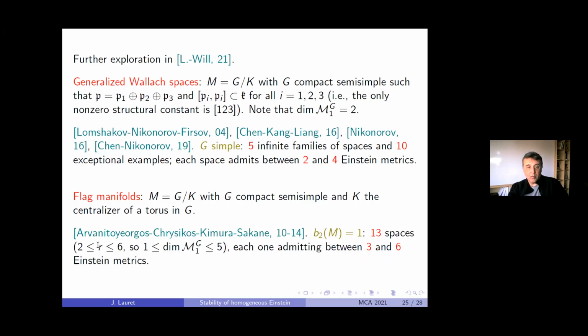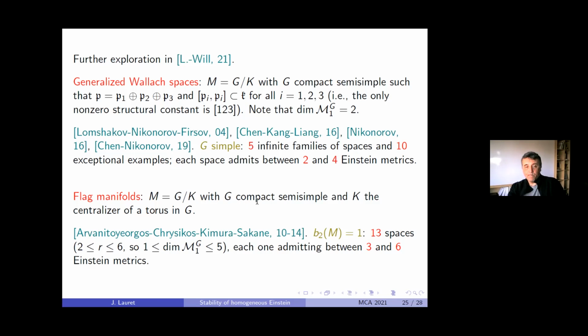And this R, which is the number of P1 plus P2 plus PR, the number of irreducible summands in the isotropy representation, goes from 2 to 6. Here for Wallach it is always 3.